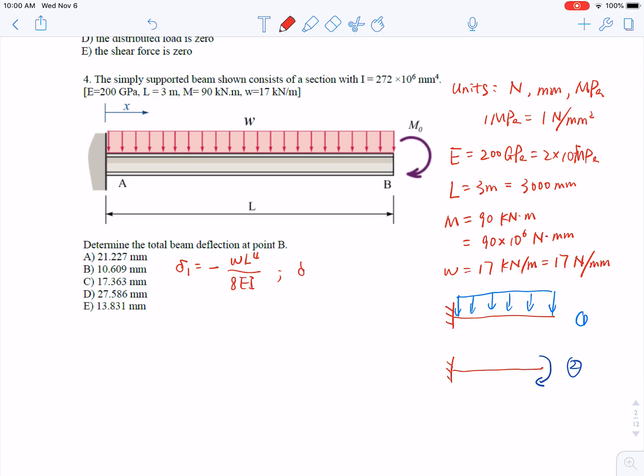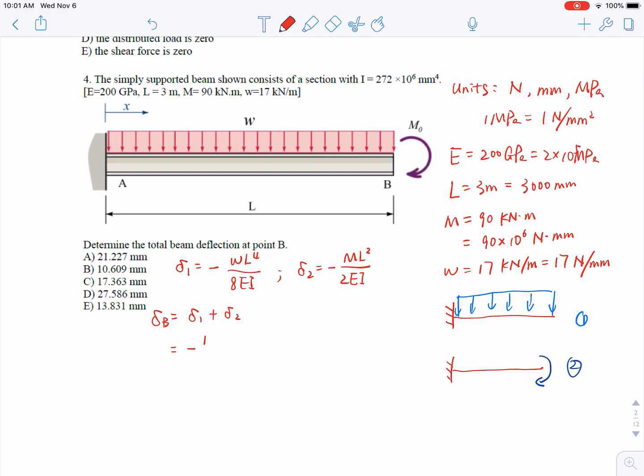Right, so delta 2 will be negative ML squared over 2EI. Right, so this total beam deflection at point B will be delta 1 plus delta 2.